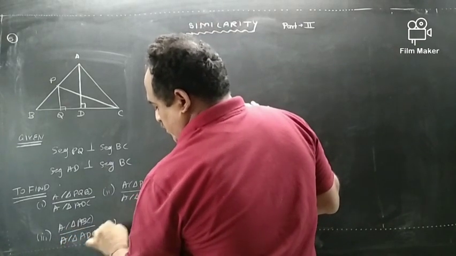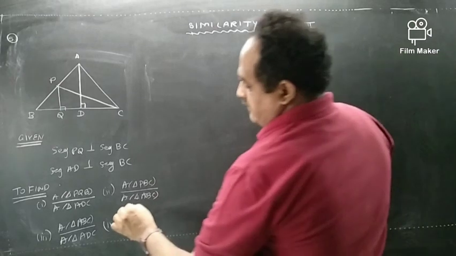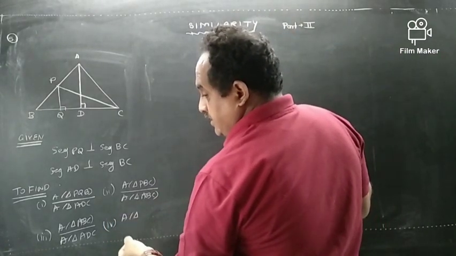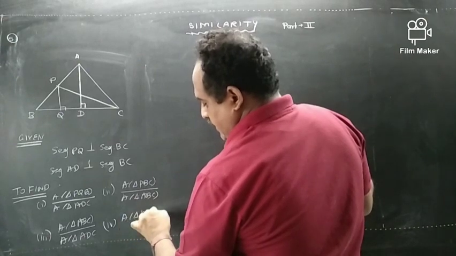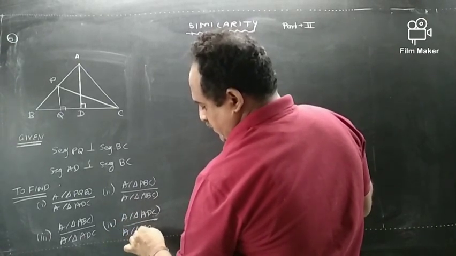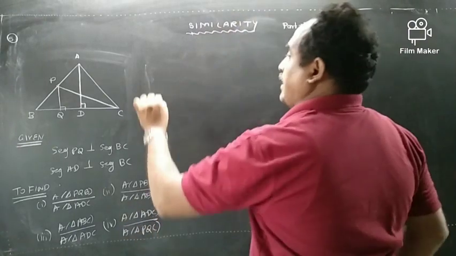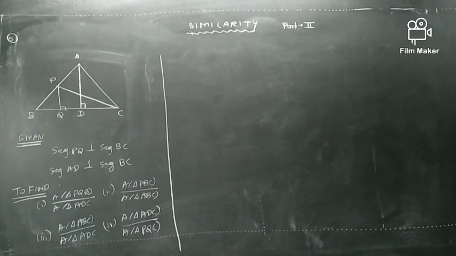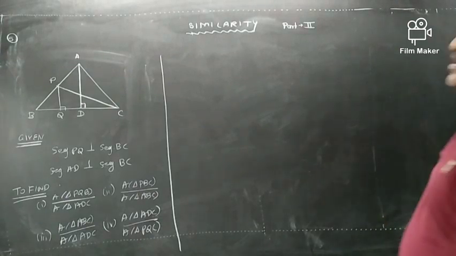And the fourth question is the area of triangle ADC upon the area of triangle PQC. Okay. Now these questions we have to see. First of all, the solution.